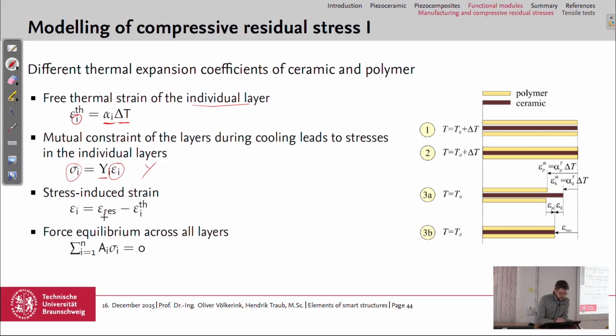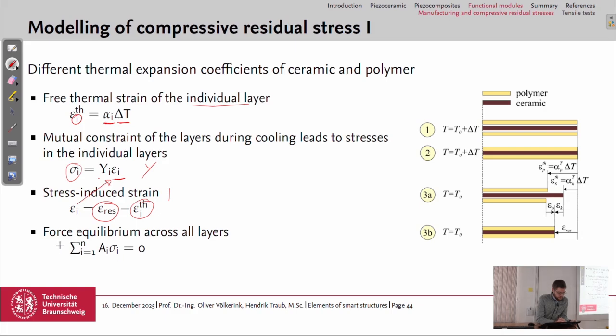And with this we can, or the overall strain would, so this is not the thermal strain, but this is the overall strain. And we can calculate with this equation the stress-induced strain from subtracting the residual strain minus the thermal strain, and then have this in this equation here.